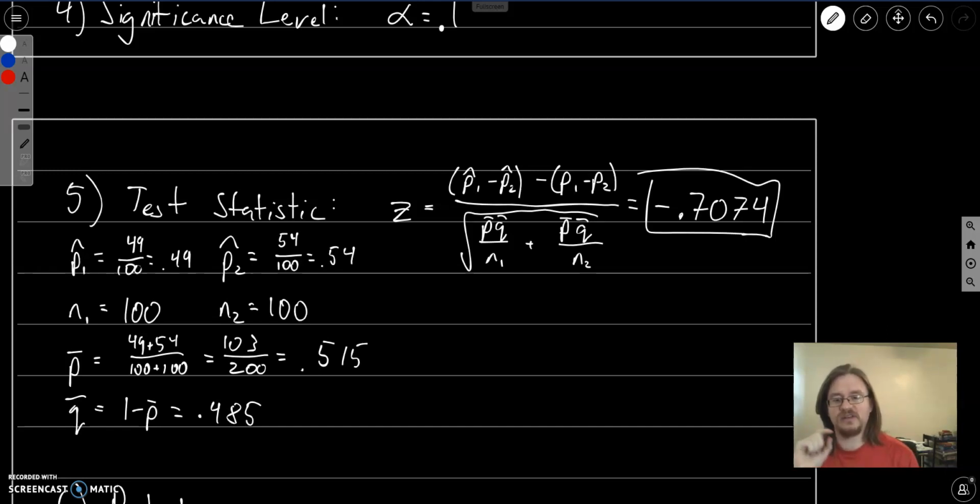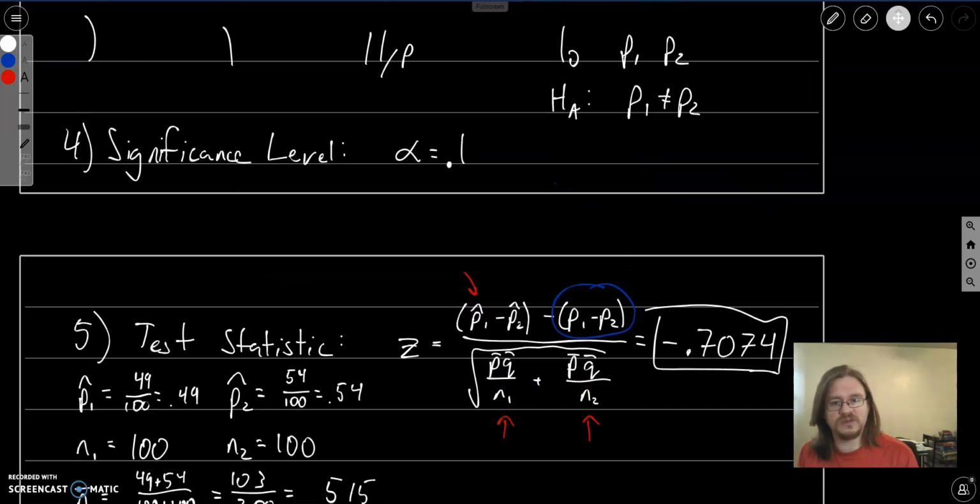Now, you're probably wondering, okay, we know what P1 hat, P bar, Q bar, we know all of these guys. The one that we don't know is this one over here, P1 minus P2. Now this is the actual proportion of heads from quarter 1, and this is the actual proportion of heads from quarter 2. But we don't know these.